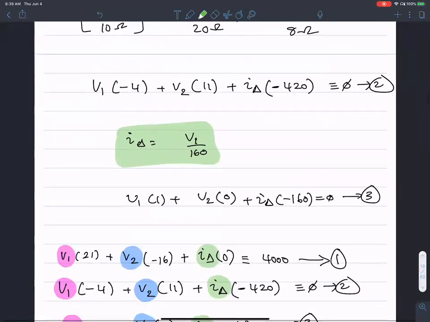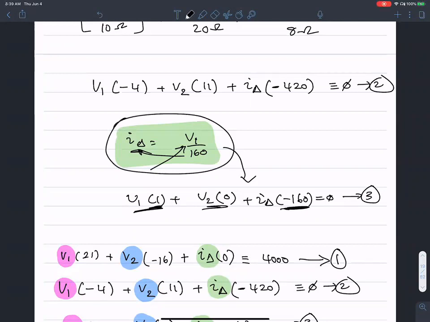I just rearranged this guy. There's a factor of 1 for V1, a factor of negative 160 for I delta, and there's no V2 in that equation. So the third equation is simply a rearrangement of Ohm's law. Perfect. Thank you. All right, other questions, please.